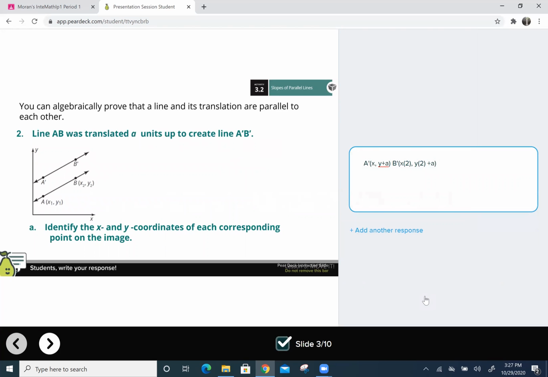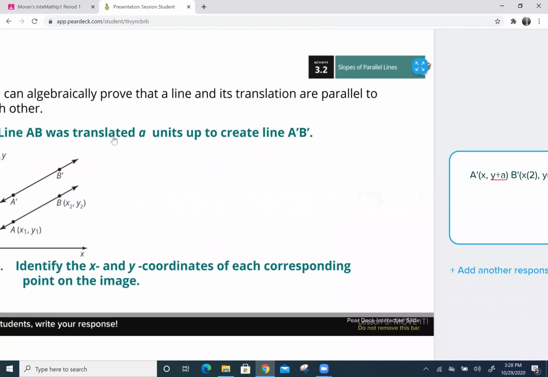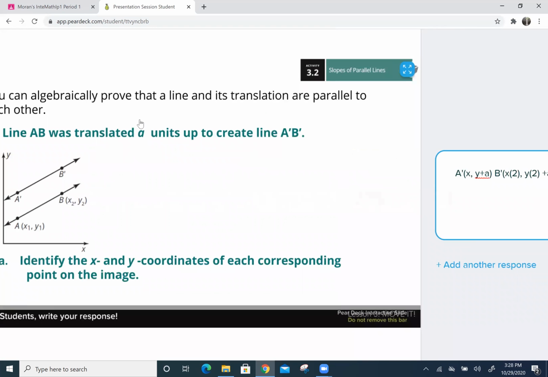This one we try to figure out the point. If you remember yesterday, when you move the line up or down, your y changes, but the x stays the same. So how much did we go up by? Well, we went up by 8 units. Look right here, 8 units.